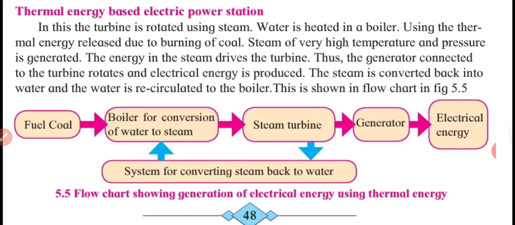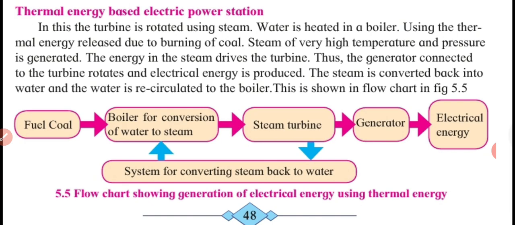So today we are going to discuss the first electric power station, based on thermal energy. Dear students, in this form of thermal energy electric power station, the turbine is rotated using steam.